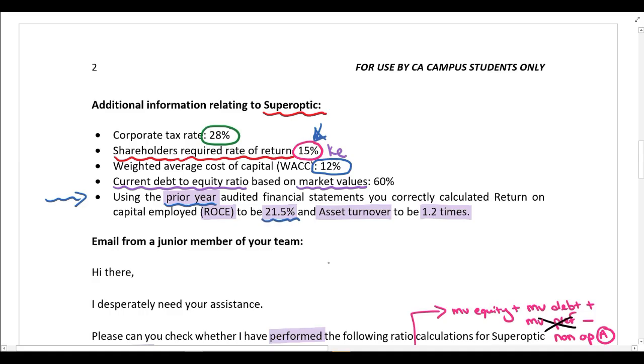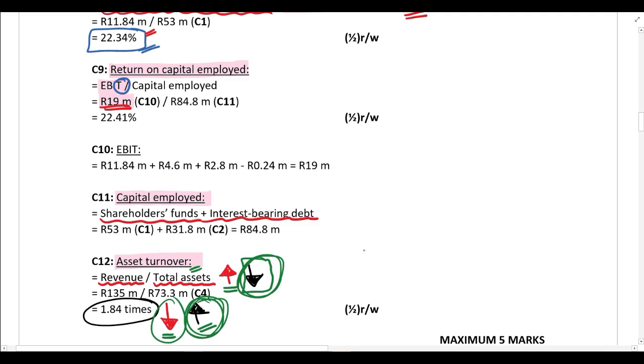So in the prior year, return on capital employed was 21.5%, and in the current year, it is 22.41%. So once again, this indicates positive performance because the ratio has improved from the prior year to the current year, indicating that capital has been used in a more effective manner in the current year.